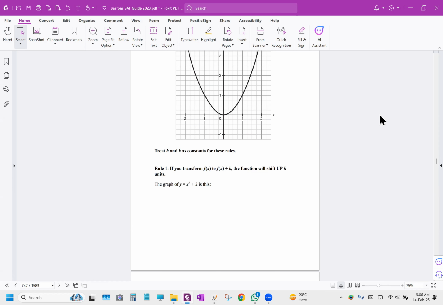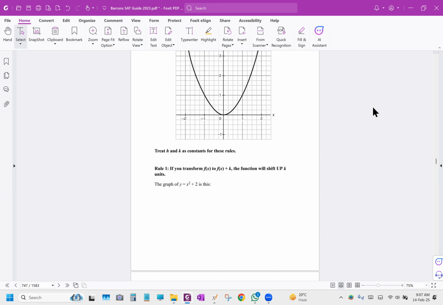Giving a different form doesn't necessarily change the function itself. It is just some basic algebraic manipulation, which gives you a different look of the algebraic equation, but it doesn't change the function itself.